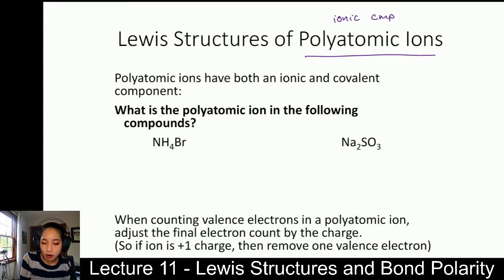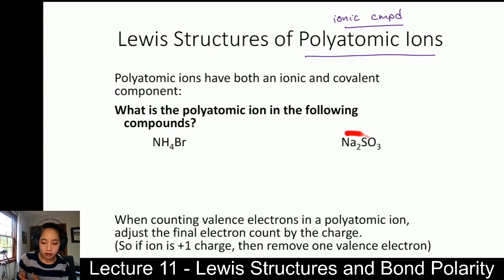In all of those neutral examples, those four examples that I showed with Lewis structures, those were all neutral molecules that were covalent. So you can also draw Lewis structures of polyatomic ions. A polyatomic ion has both an ionic component because it's charged and a covalent component.